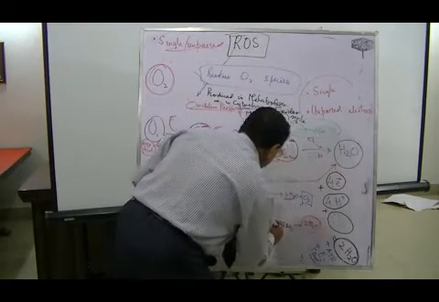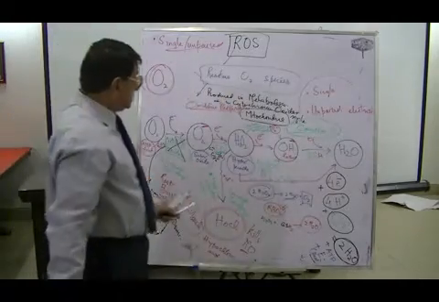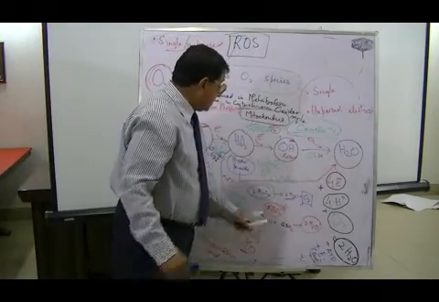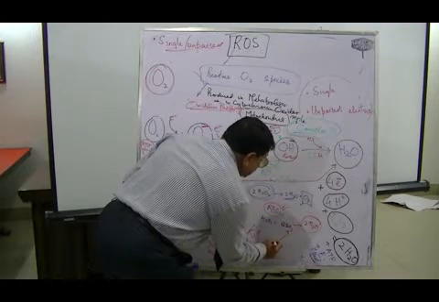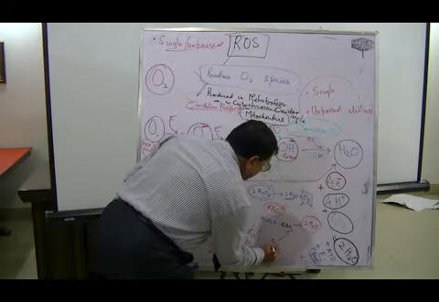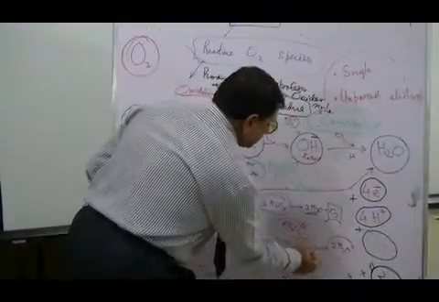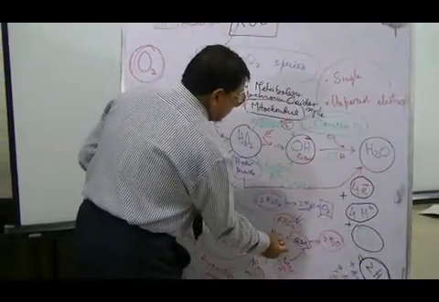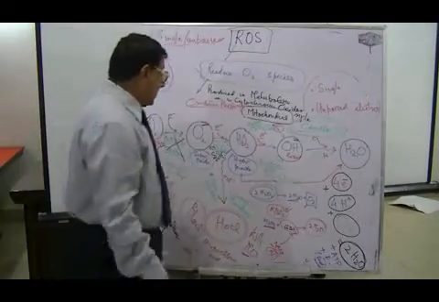So this is how the RBCs are saved. But if there is G6PD deficiency, then there is no NADPH2. When there is no NADPH2, glutathione will not be reduced, H2O2 will be in excess and it will cause the breakdown of RBCs leading to hemolytic anemia.